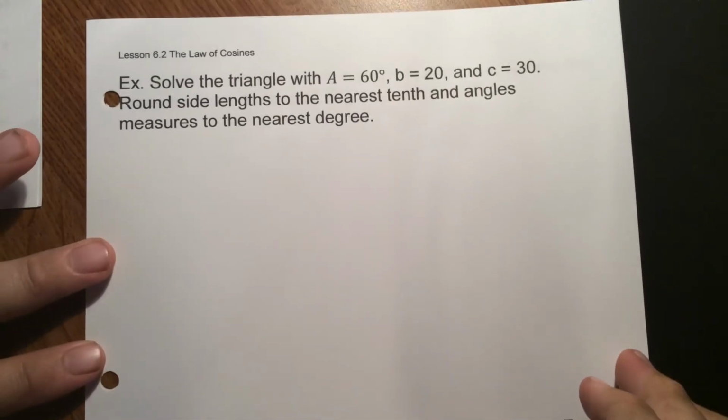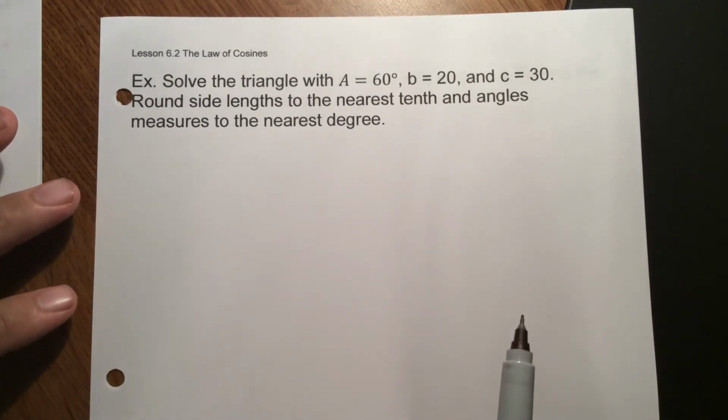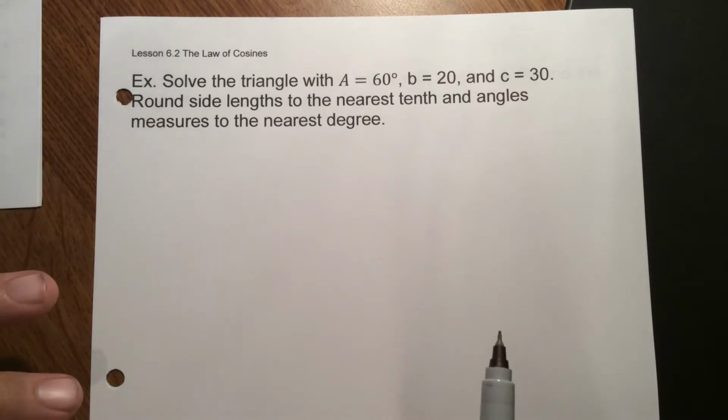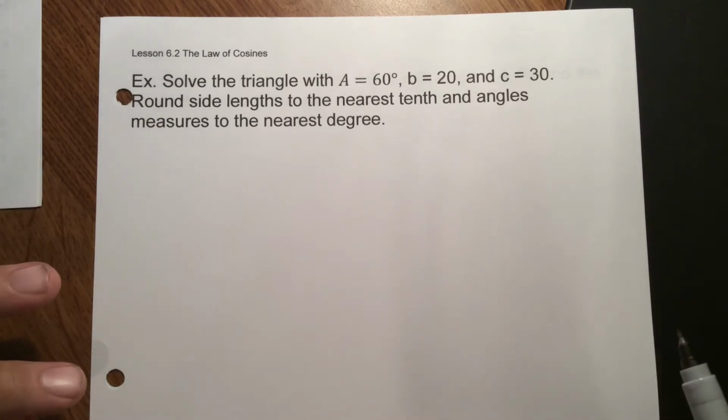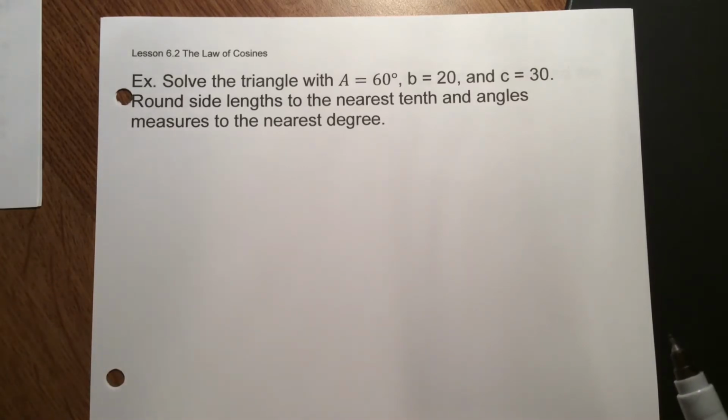So, first problem. Solve the triangle with A being 60, B being 20, and C being 30. We have our angle. We have two sides.